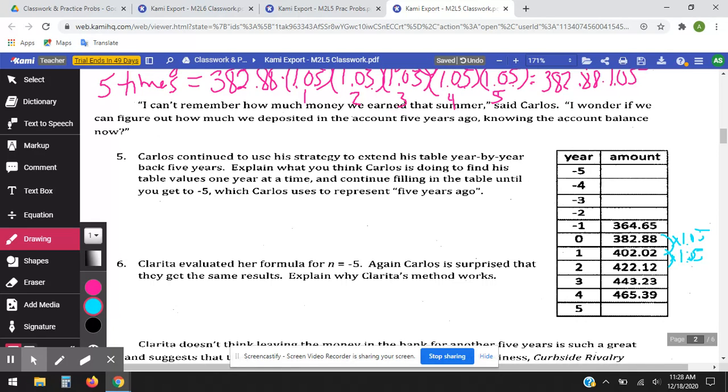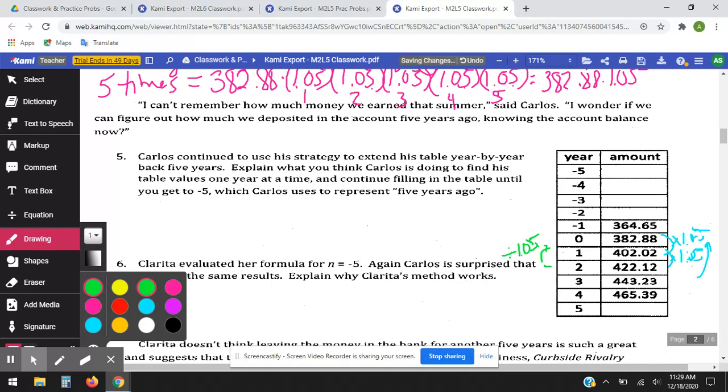Well, basically, we have to figure out what we multiply by 1.05 to get the number we currently have. So that's going this way. If I want to go backwards, what do I have to do to 422.12 to get back to 402.02? Well, I actually want to do the opposite of multiply. I want to divide by 1.05.